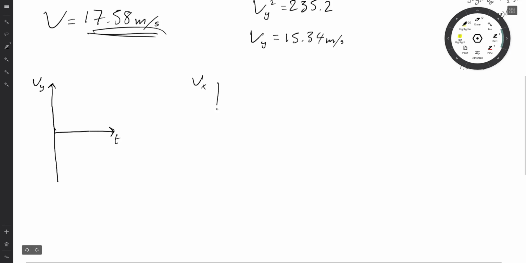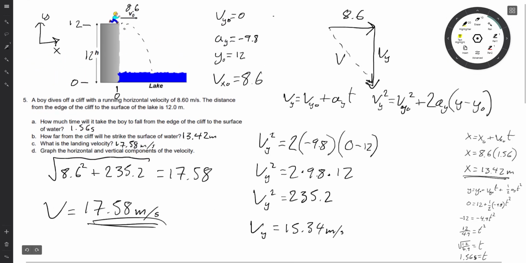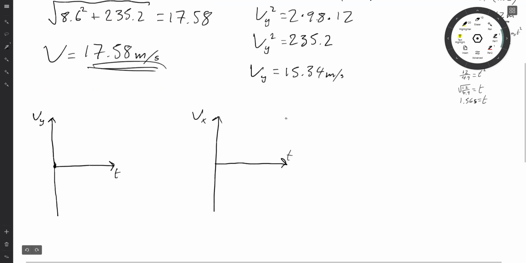This is Vx. This is time. So velocity y is actually going to start at 0 because when we jumped off the cliff, our velocity here was 0, and velocity y got bigger, but it's actually pointing downwards, and that's the other direction from what we decided was positive. So that's actually going to start at 0 and become negative.